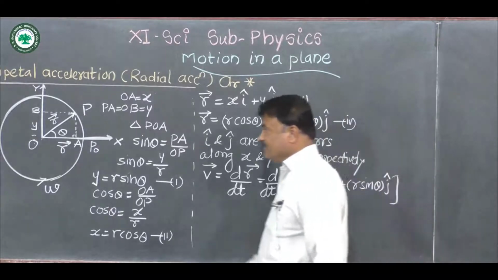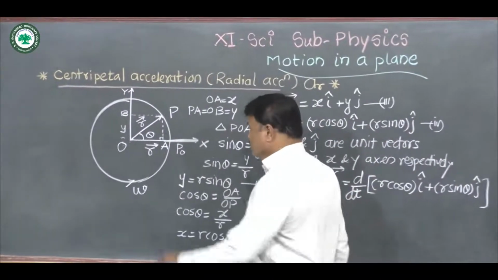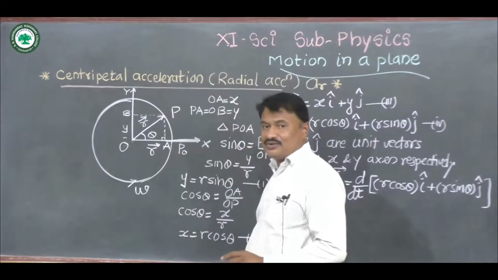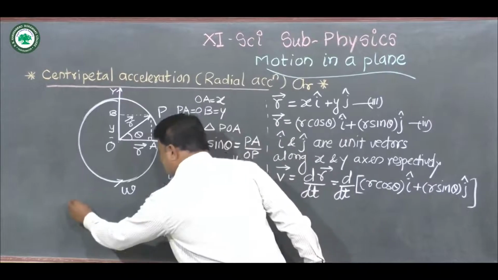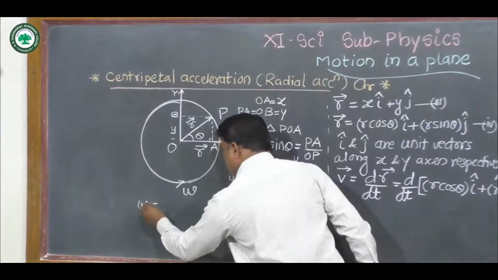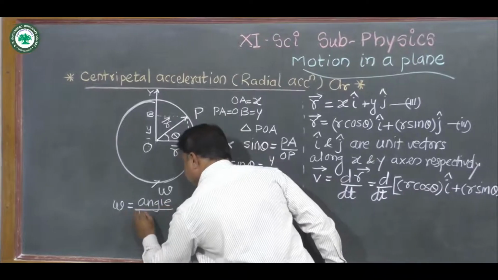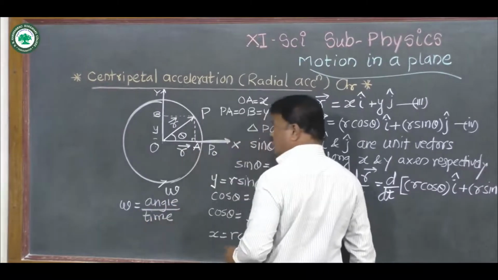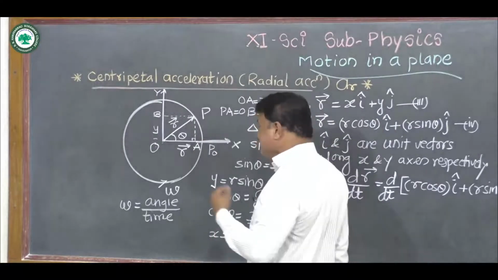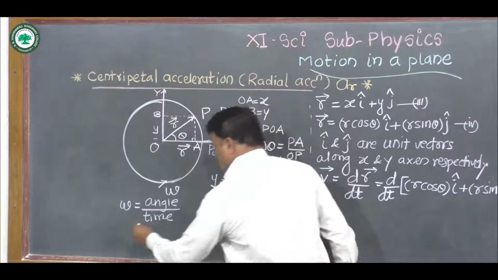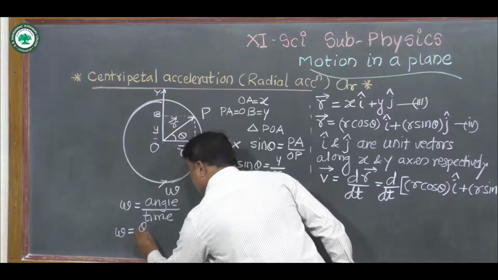Now see here in this diagram, as you know that omega is equal to angle upon time. At any instant of time t, we get omega is equal to theta upon t.